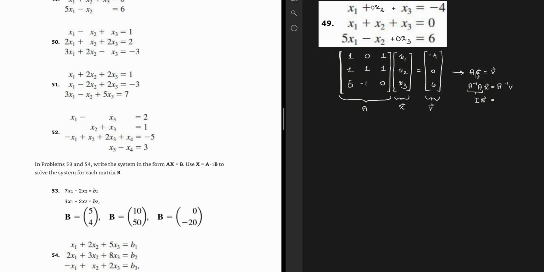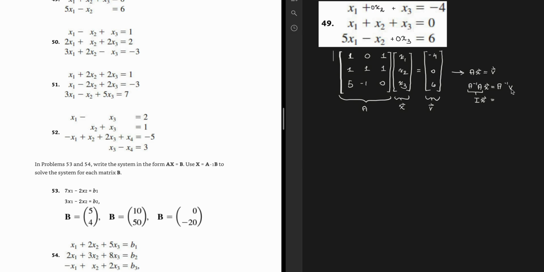Then we recognize that we have this form, and if we want to solve it, we want to find the inverse of A, such that on the left-hand side we get I, and on the right-hand side we get A inverse times the vector V.